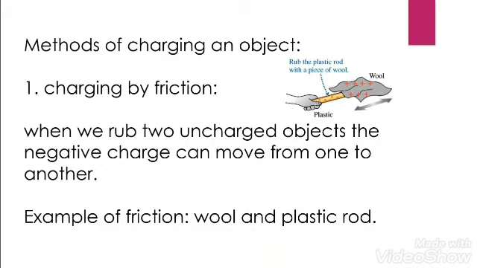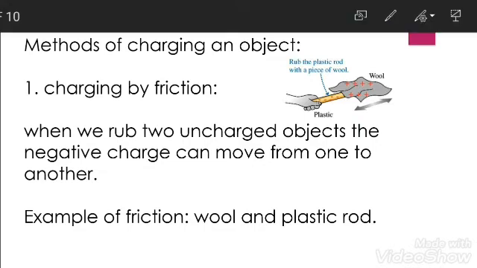Methods of charging an object. The first method is charging by friction. When we rub two uncharged objects, look, we have a plastic rod and a piece of wool.